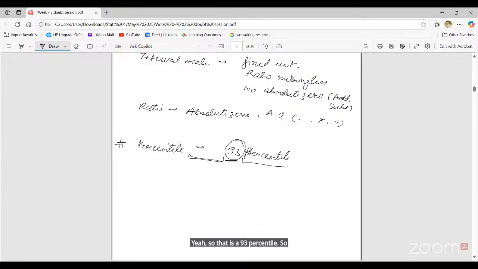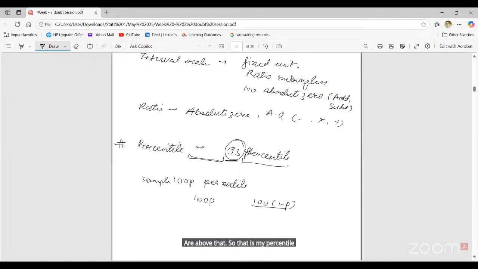So basically, the 100p percentile is that 100p percent of the samples are below that and 100(1 minus p) percent are above that. So that is my percentile thing.